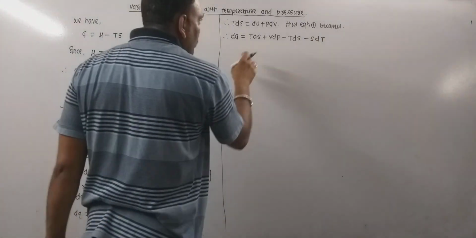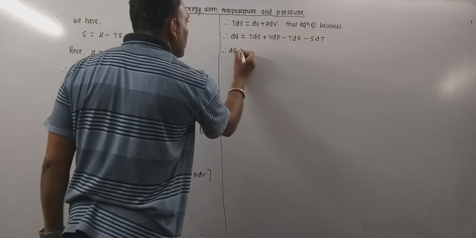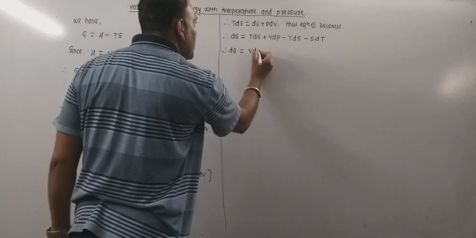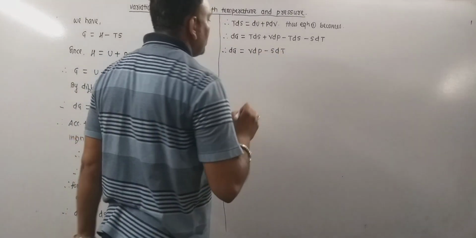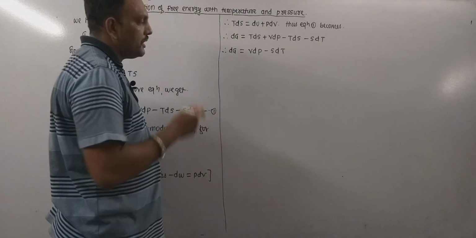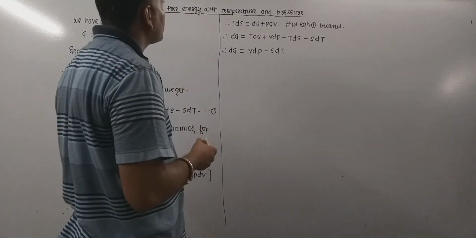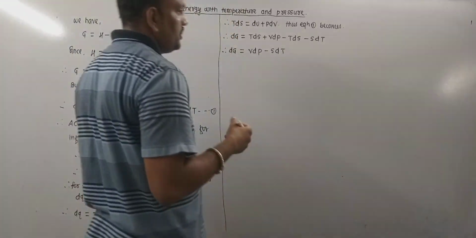Now right here TdS gets cancelled, so dG equals VdP minus SdT. Now this gives the change in free energy according to the temperature and pressure changes.